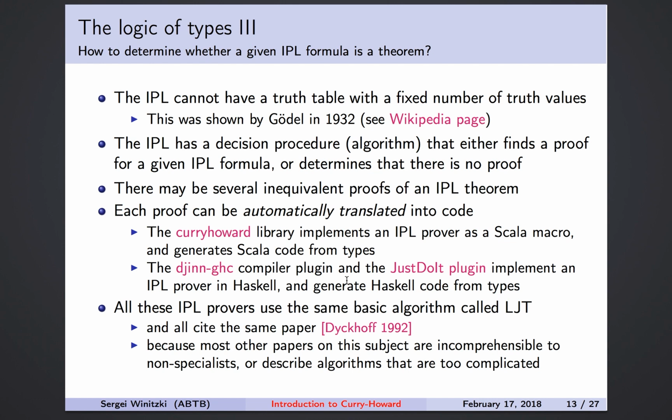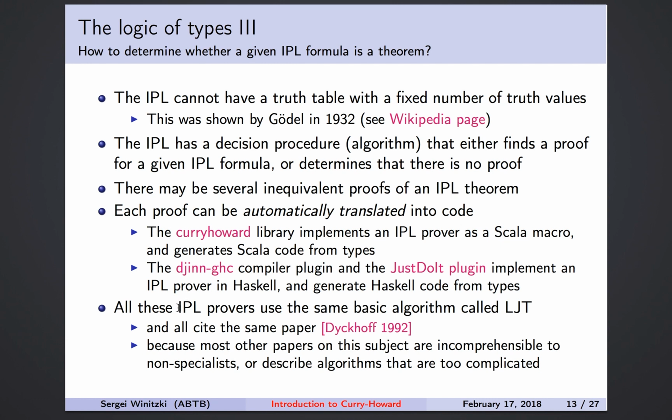They take the type of some expression or function and generate code for it automatically by translating the type into a sequent, finding a proof in this logic using the algorithm, and translating that proof back into code in the way that we have seen in an example.